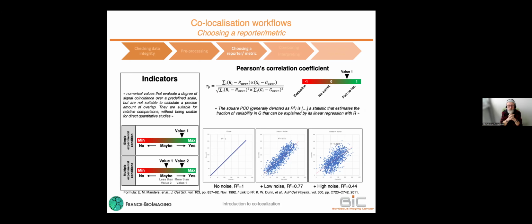So about the indicators, the most commonly used one is the Pearson correlation coefficient. Basically, what you will do is take all the intensities that you've got on both channels.